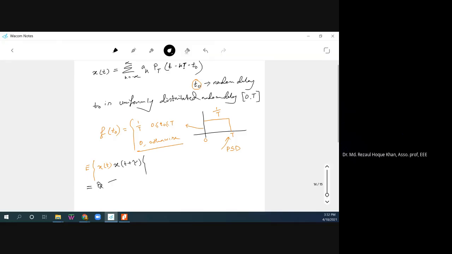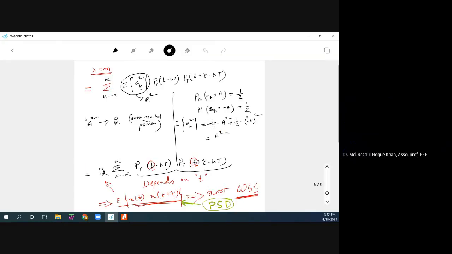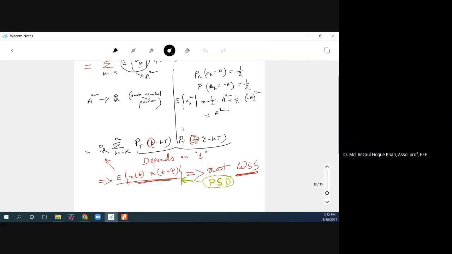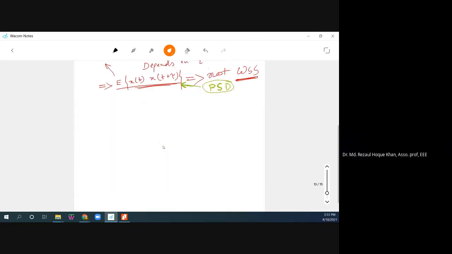The power, the sum over k from minus infinity to plus infinity. We are rewriting this one, so we try to find the expected value, right?